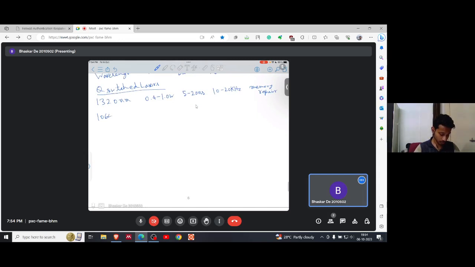Then 1064 nanometer, up to 35 watt, 5 to 100 nanosecond, 1 to 100 kilohertz. Application is solar cell scribing, texturing, diamond cutting.